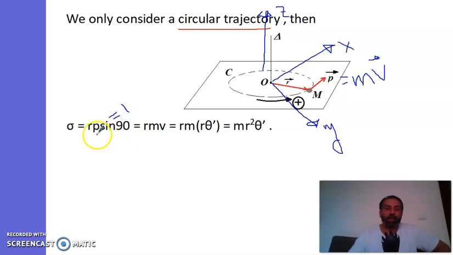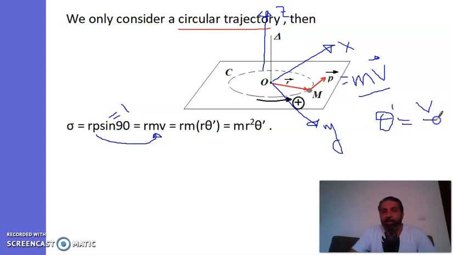And p equals mv. Remember this rule. So it becomes rmv. You remember from last year when we studied circular motion, or in this year when you made the revision, the angular speed theta prime is equal to v over R, the radius of the circle, right?